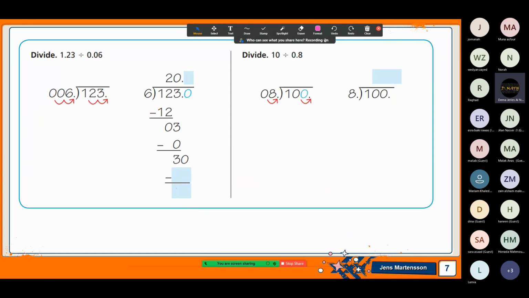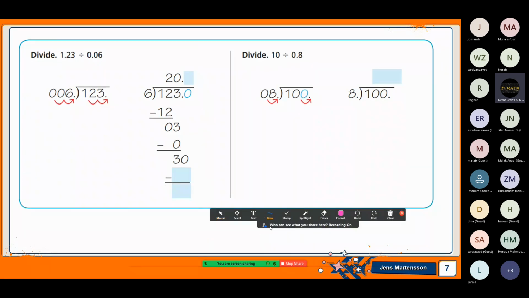Now here. 1.23 divided by 0.06. Now look at this one here. We have decimals divided by decimal. After you look at the question, you find that the divisor has a decimal point after how many digits?